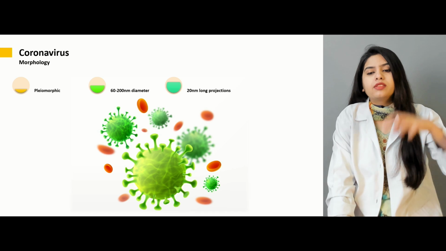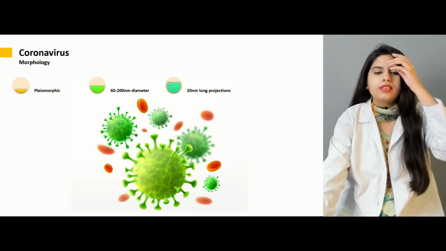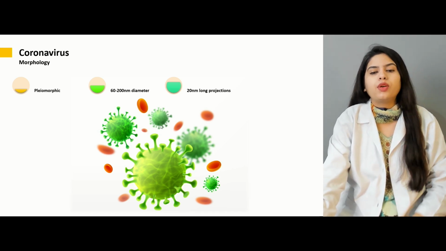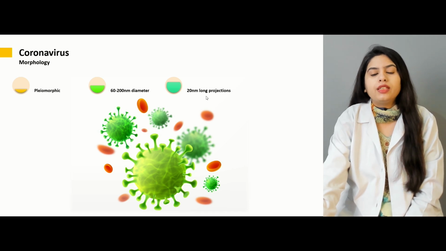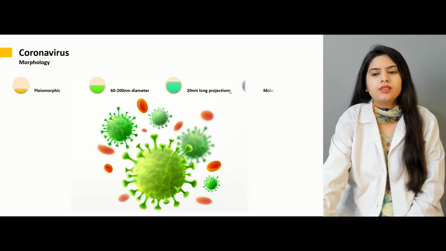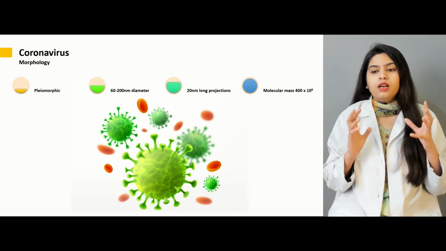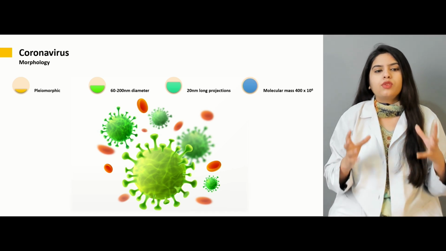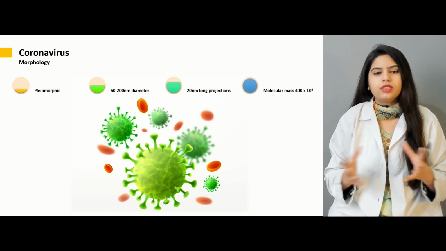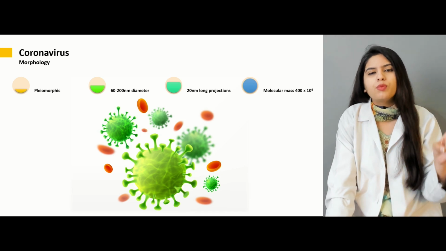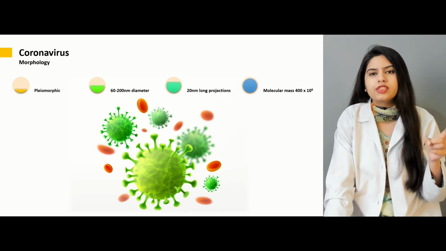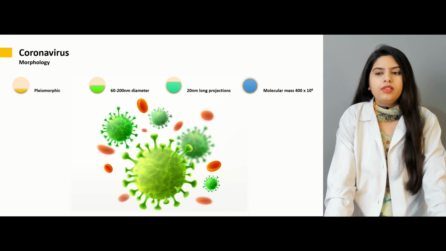Then the spikes, the projections or crown present on the surface of the coronaviruses, are 20 nanometer long, and the molecular mass of these viruses is 400 to 10^6 Dalton. So these are some important properties: they are pleomorphic, their diameter, their projection size, and their molecular mass.